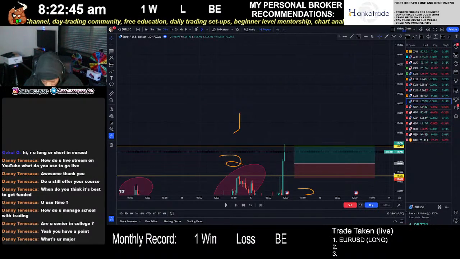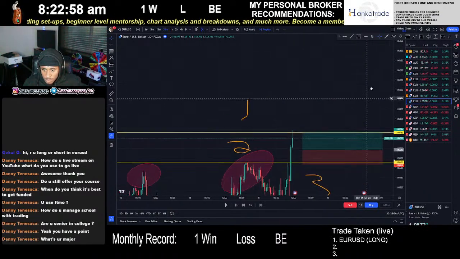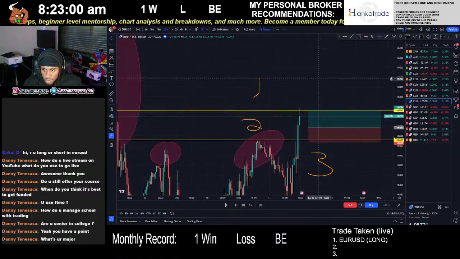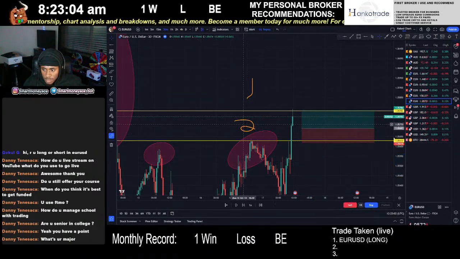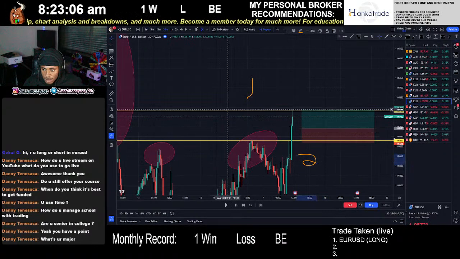What pair is that? Euro USD. If I didn't break down the trade, I will later today, guys. Let me go ahead and take a screenshot as well. That's what I didn't do. Let's do this. Put this back over here like this.